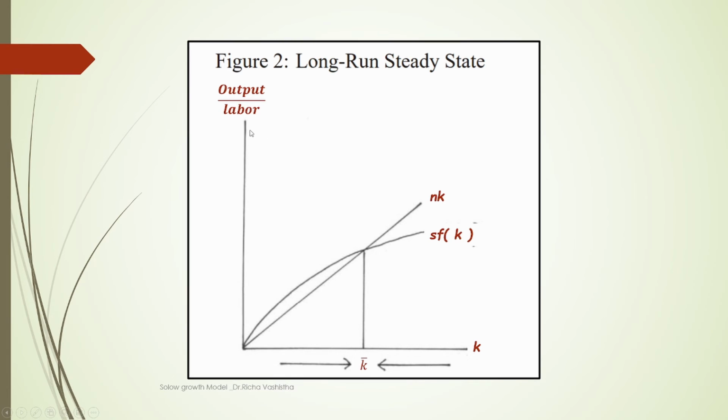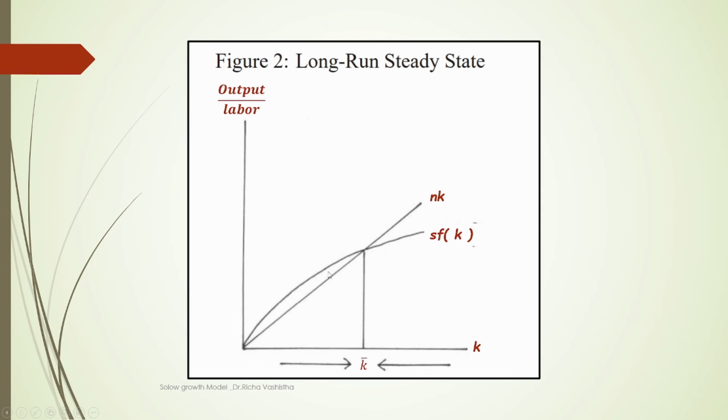The capital-labor ratio, small k, is taken on the x axis. You can see that this curve, sf(k), the saving part, increases up to a level, and at a particular point it cuts this straight line, which is a straight line because we have already assumed that labor is growing at a constant rate.